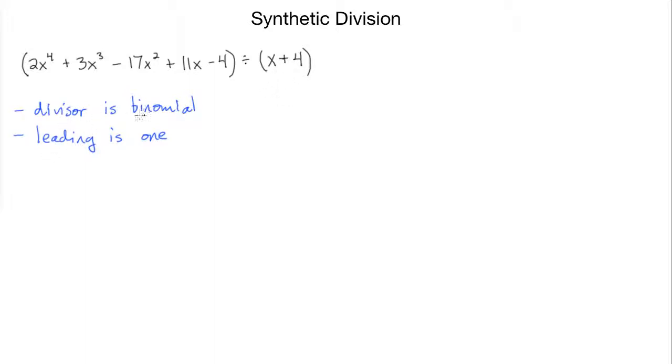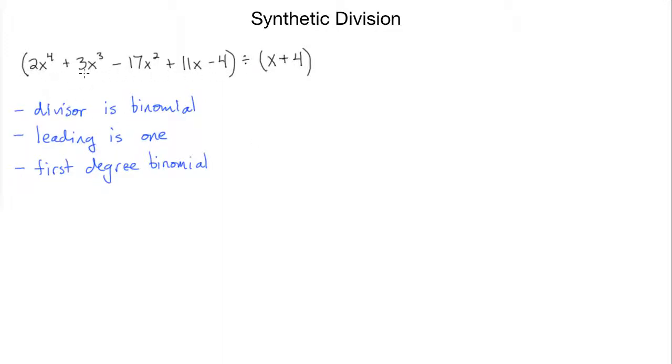So what I should add is that it has to be a first degree binomial. When we say that, it just means x has to be to the first power.